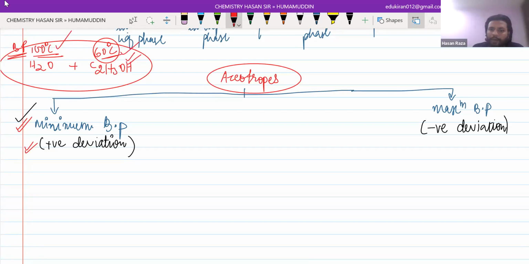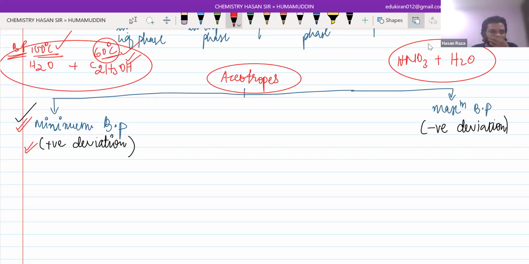Yes, sir. Now when you are going to mix HNO3 in water, you will be getting negative deviation, that means vapor pressure decreases. Why? When you mix them, the force of attraction increases, and when the force of attraction between the particles increases, you require more energy to convert the particles into vapor, and hence the boiling point increases more than both of them.